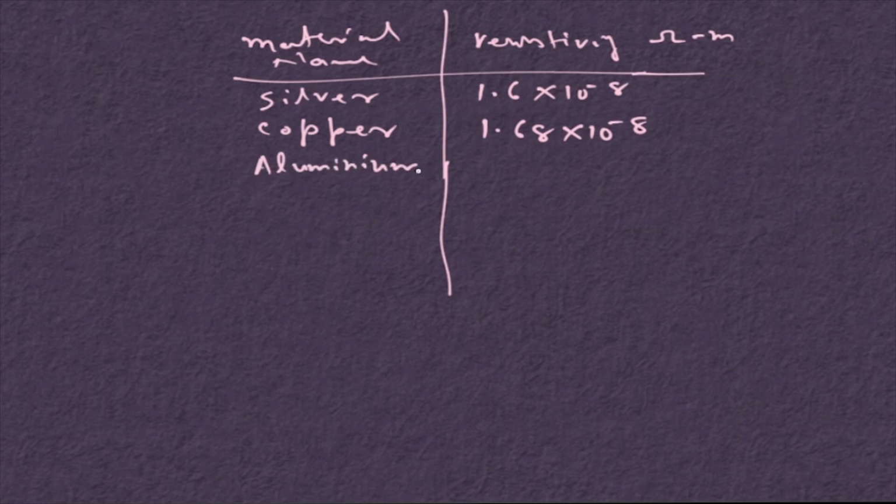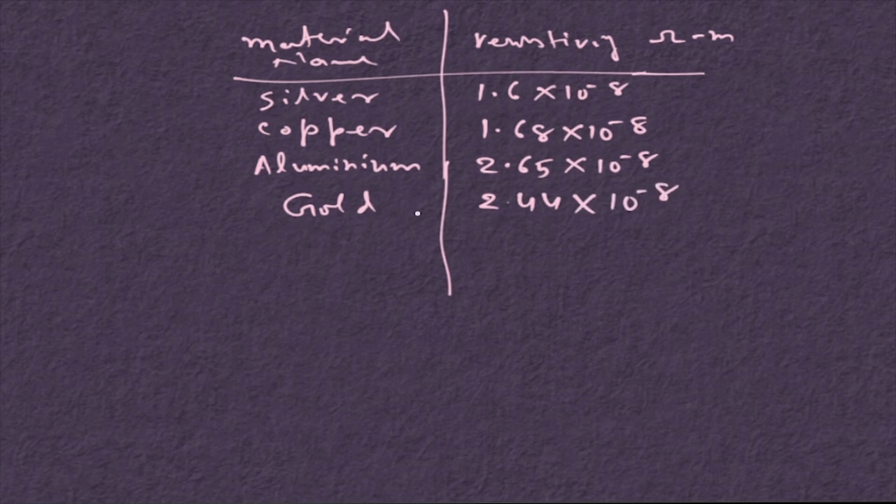Aluminium it is 2.665 into 10 to the power minus 8. For gold it is 2.44 into 10 to the power minus 8.